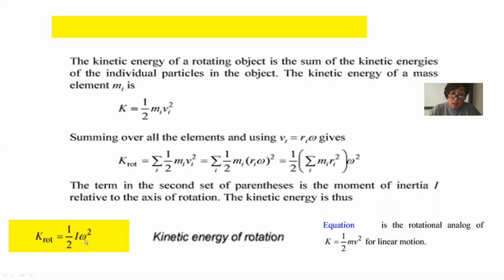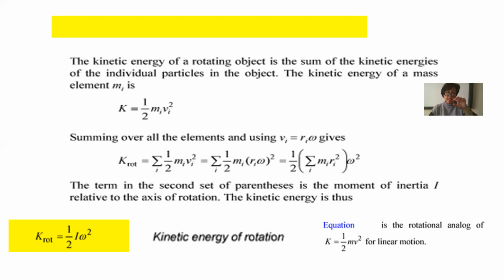This is the final formula for the rotational kinetic energy. Comparing the kinetic energy of linear motion and of rotation, here is the kinetic energy for linear motion, and for rotation this is the formula we use. Here mass is for linear motion, and moment of inertia is for the system of particles rotating on the axis.